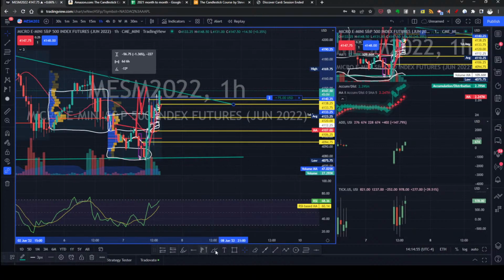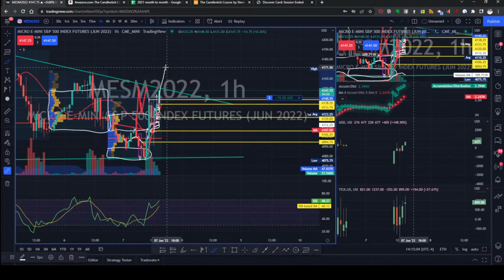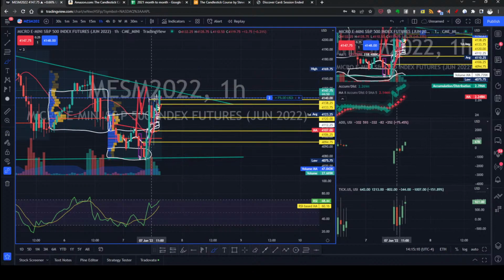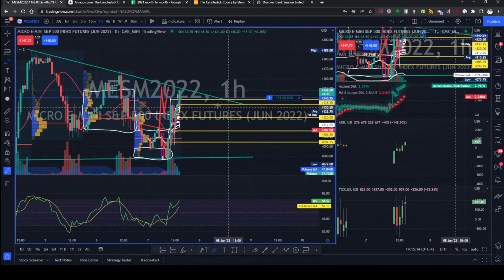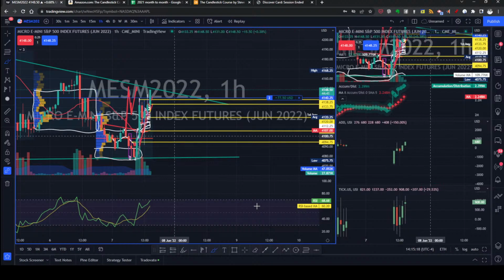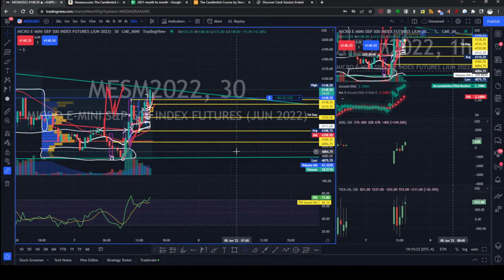Now, if price is able to come up here, above this, it's going to have to get above this, and then comes back down through here, which it's probably going to do either way. I doubt it's just going to run all the way up through this, because it wants more orders. They want more orders down in this area here. So they'll probably come back and fulfill this low value node down here.